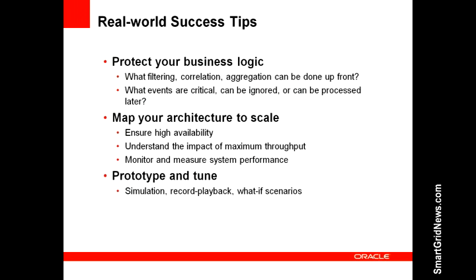So if you can figure out a way to filter the data up front, understand simple operations generally that you can do very quickly. Some events are critical and need to be passed straight through. Some can be correlated to generate secondary events. Some events can just be ignored or sent to a staging area to be processed later.